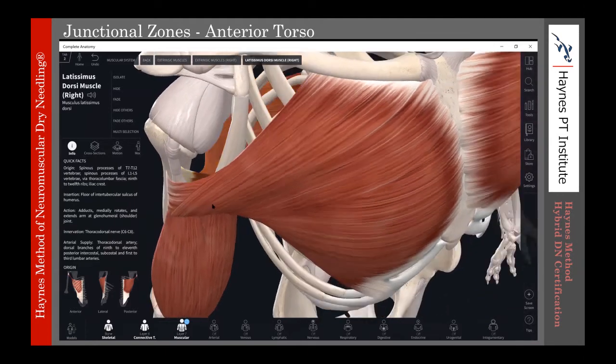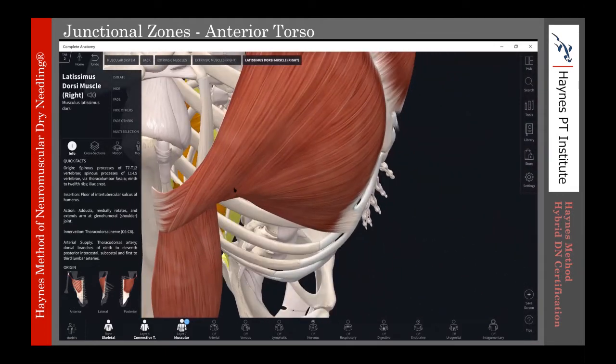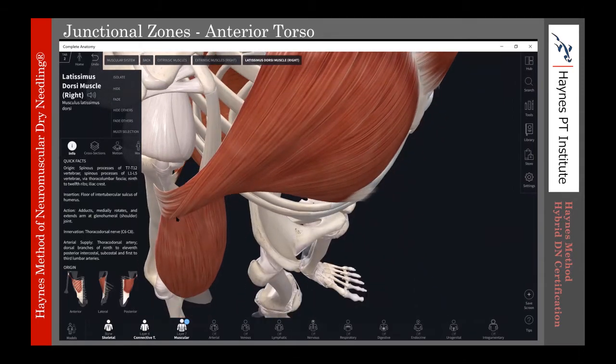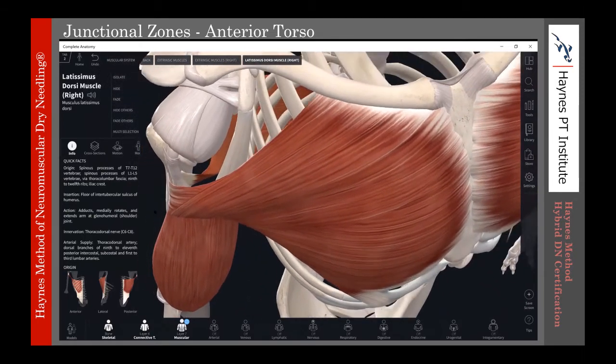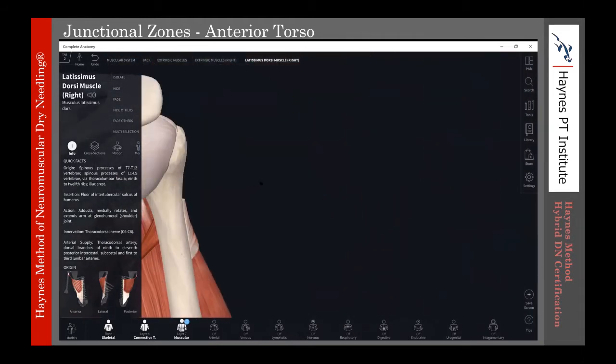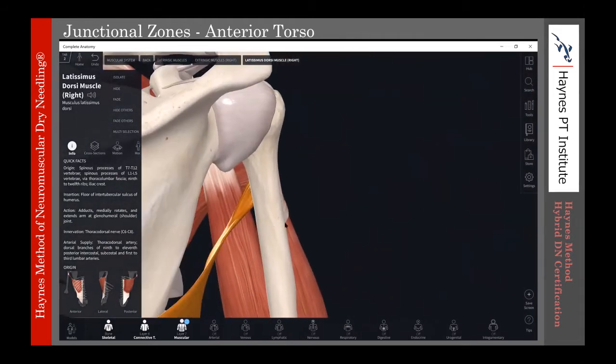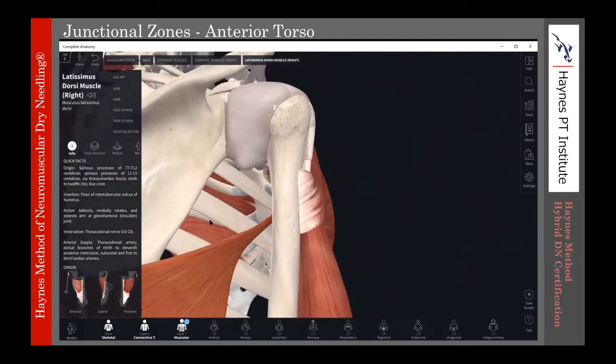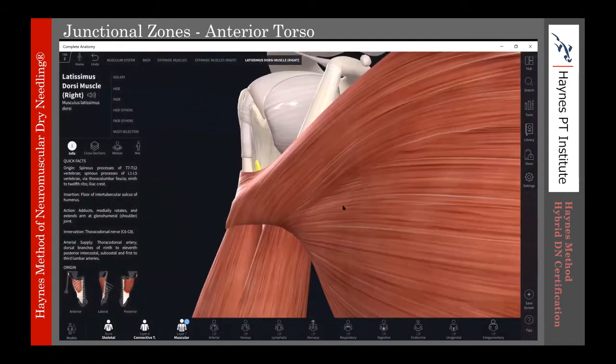Well, we then see the pec major going just lateral to that intertubercular groove to attach onto that crest. So that's an interesting way to recognize the level of attachment of both of these muscles as they attach on the proximal humerus.